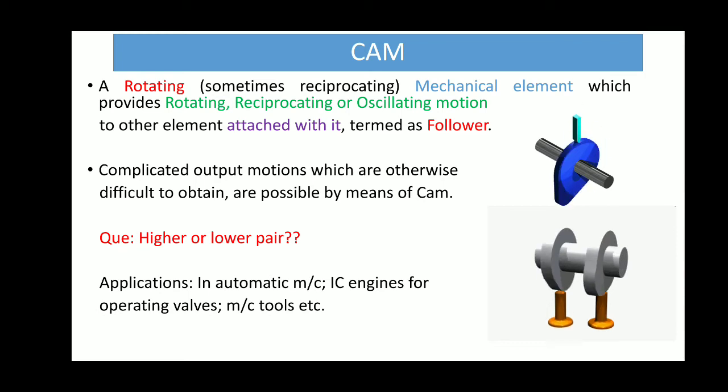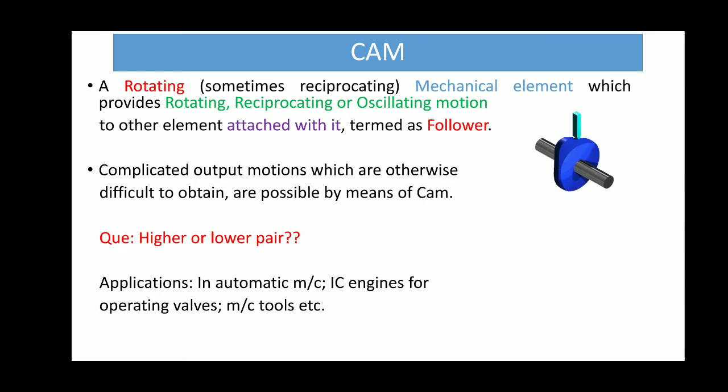Now, how can we define a cam? Generally, a cam is a rotating mechanical element which mostly provides either rotating, reciprocating or oscillating motion to another element which is attached to it. That other element, which is in contact with the cam, is known as the follower.